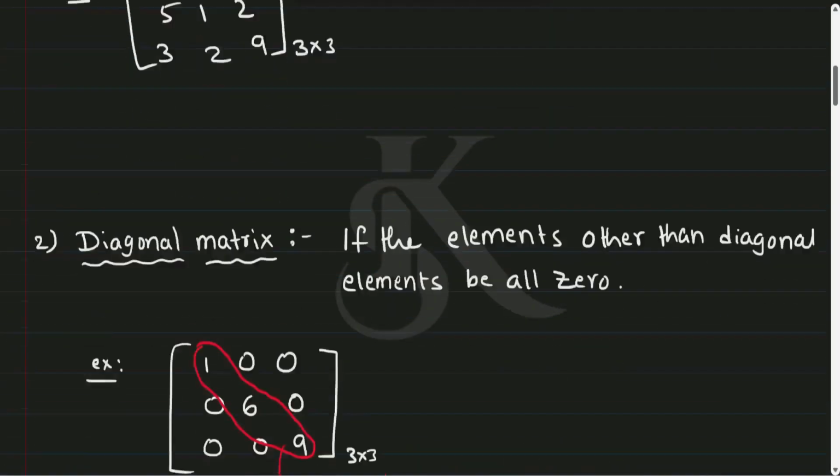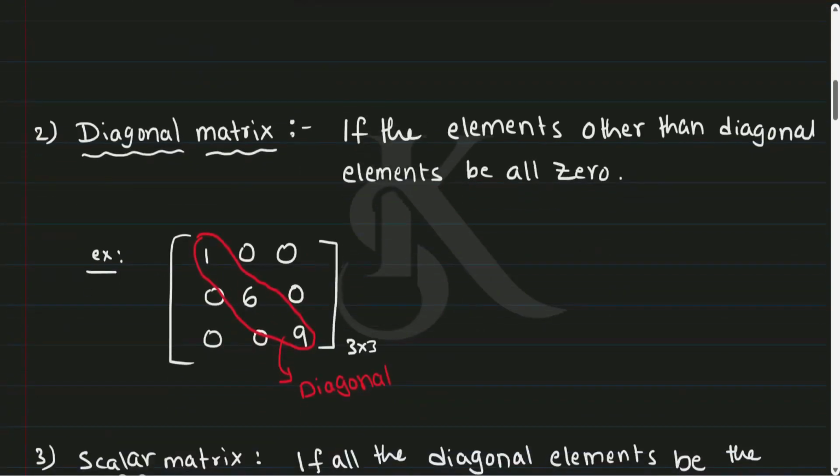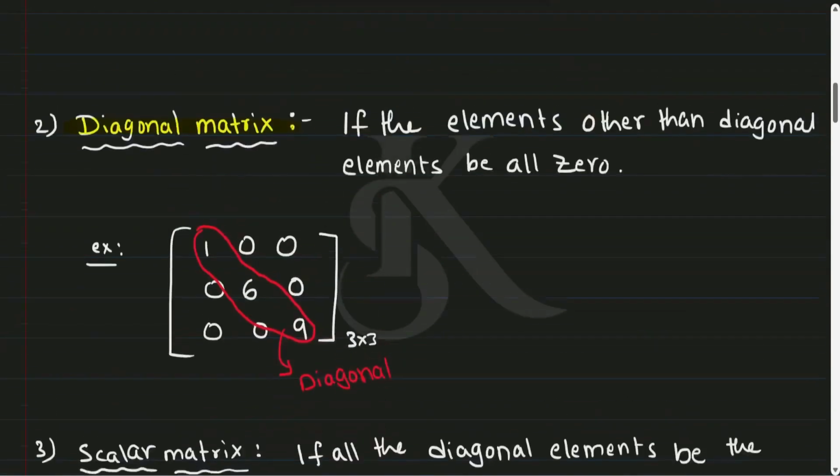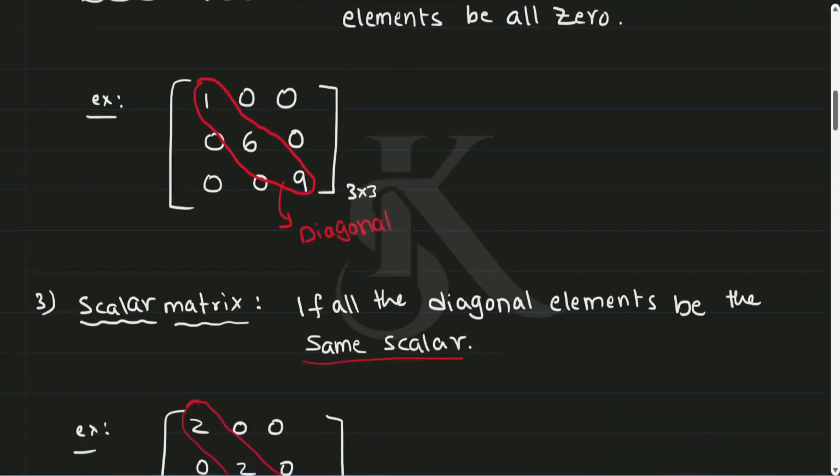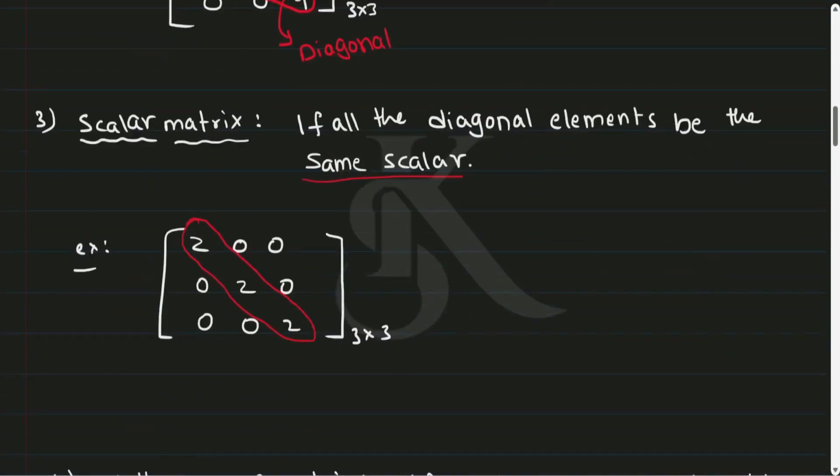And diagonal matrix, if the elements other than diagonal elements are 0. Only diagonal elements have the values, other than the diagonal elements are 0, then it is called a diagonal matrix. Scalar matrix, if all the diagonal elements be the same scalar. If it is 1, we will call it an identity or unit matrix.